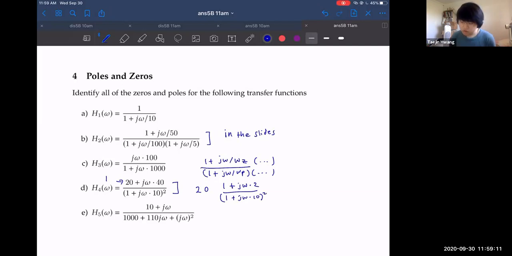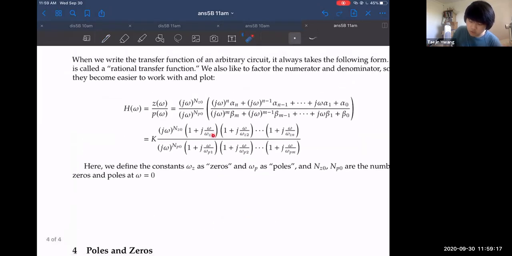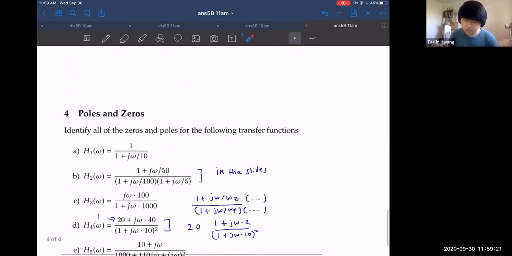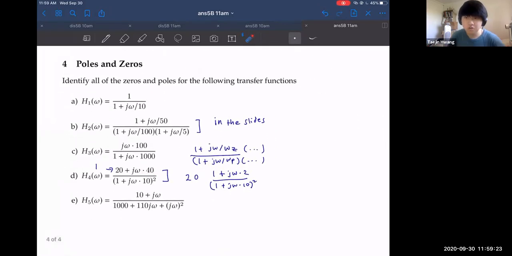And then we're almost there, but not quite, because notice how all of these frequencies are divided by their pole or zero frequency, but here it's multiplied. So you just need to massage the terms to realize that j omega times 2 is the same thing as j omega divided by 0.5.